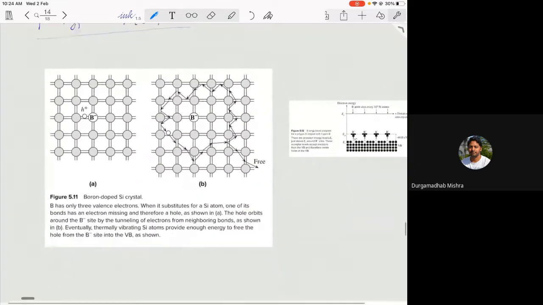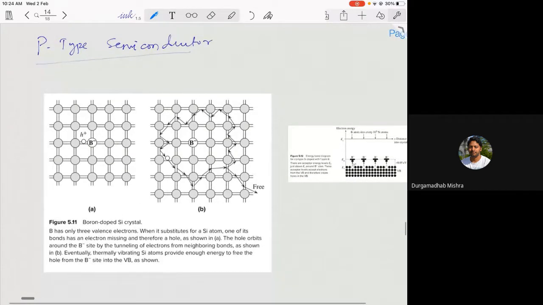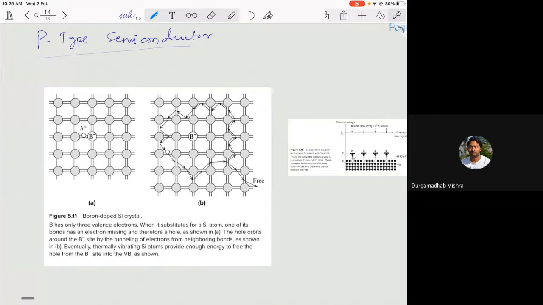Here, for the p-type semiconductor, the example is boron, which is a trivalent atom. That means the boron will form bonds: three of its electrons will form bonds with three of the sp3 hybridized electrons of silicon, and one electron in the silicon remains which is not bonded to boron anymore.